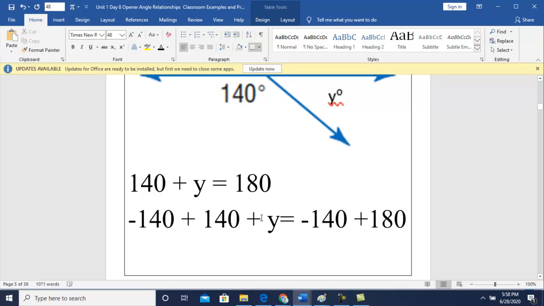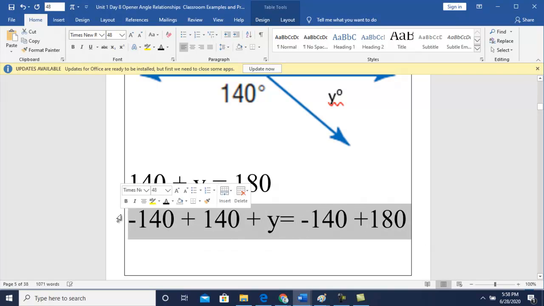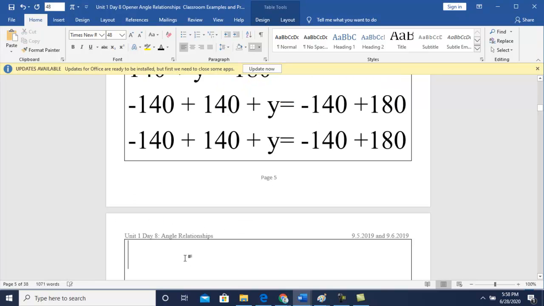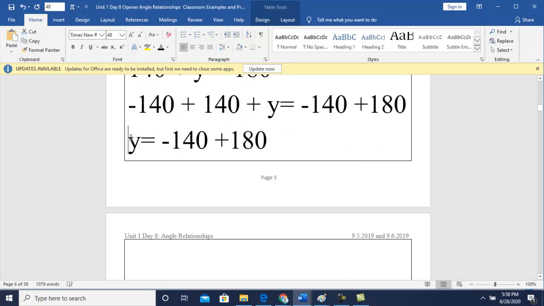Now, what's going to happen on the left side? This is a negative 140. This is a positive 140. These two are going to cancel each other out. So y would be isolated.